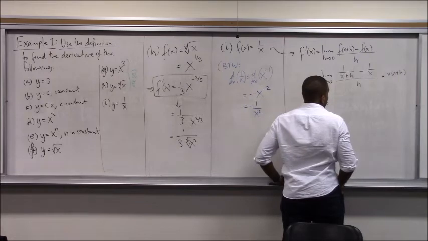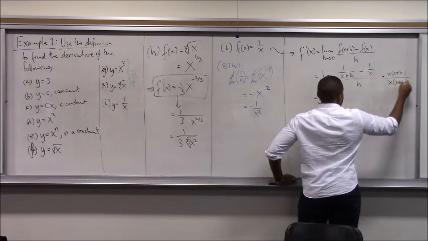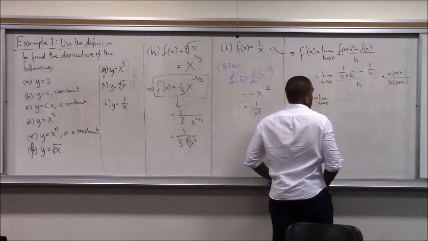We're going to do it by multiplying and dividing by the LCD. That's the fastest way to simplify a complex fraction.